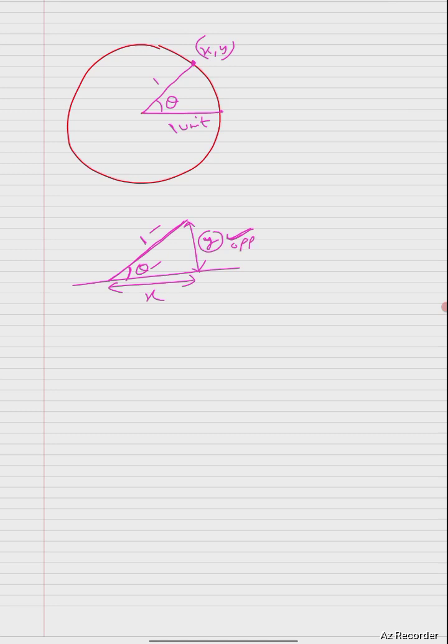How I can find? Y is the opposite side here. So opposite side of theta and I know hypotenuse. So what ratio I can use? It is obviously sine theta. Sine theta is what? Opposite by hypotenuse. Opposite is what? Y. Hypotenuse is 1. So y is equal to 1 sine theta.